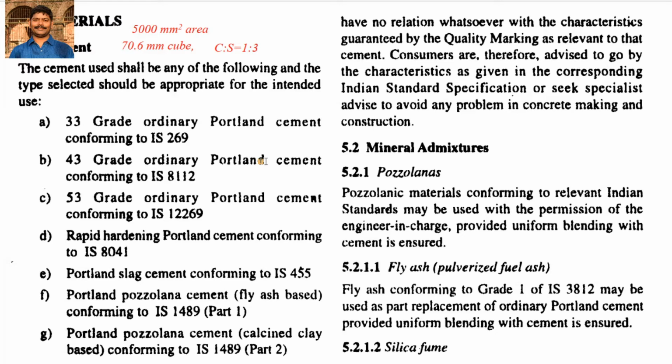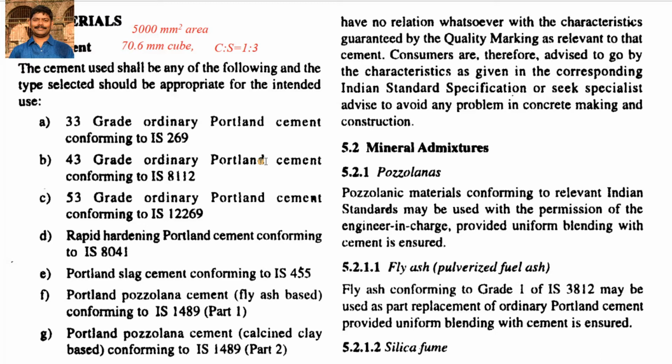You should have proper consistency, and then you have to pour that mortar. Mortar and concrete are two different things. Mortar is basically a mixing of cement and sand, and concrete is a mixing of cement, sand, and aggregate.